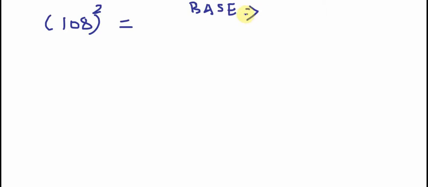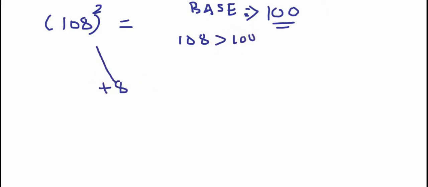That is, it is always 100 or multiple of 100, but since this is 108, the closest multiple of 100 is 100. So compare the number 108 with 100. So once again, 108 is greater than 100 by 8, so plus 8. So just add 8 to 108 and you have 116.